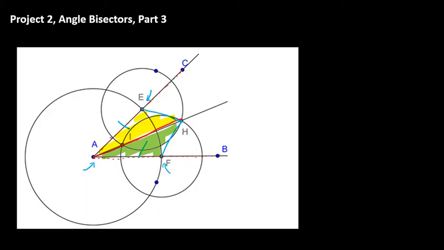We established that line segment AE and line segment AF are congruent. Notice that E is also the center of its own circle and F is the center of its own circle. I'm just going to draw circle E and circle F. What information can I gather from those circles?